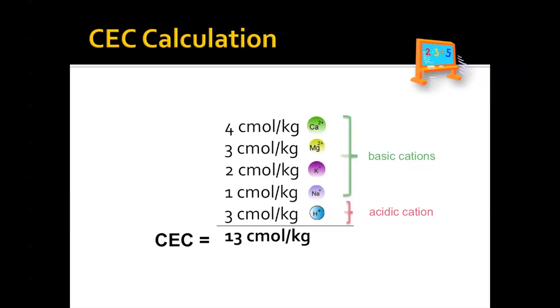So that brings us to the calculation for cation exchange capacity. Really the takeaway here is that it comes in what we know as milliequivalents per 100 grams or centimoles per kilogram.